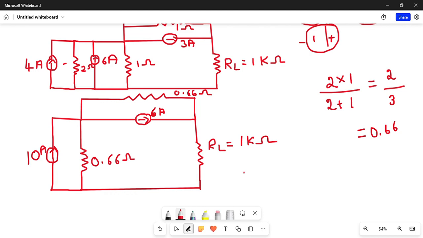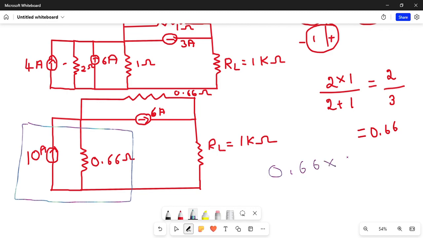Let me consider the first one, using the V is equal to IR concept. 0.66 into 10 will yield 6.6. So now I get 6.6 in series with 0.66.